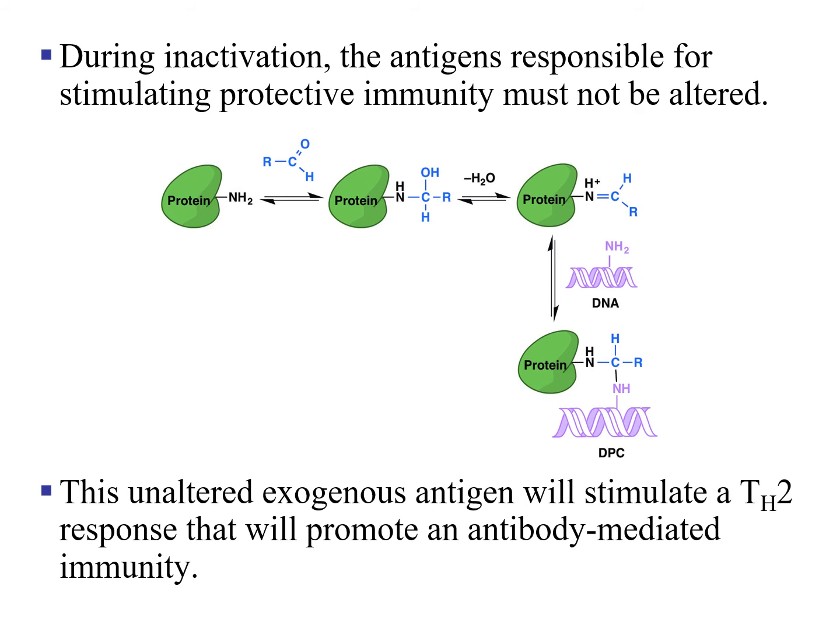So this unaltered exogenous antigen will stimulate the T helper cell that will then promote antibodies to be released from the B cells. So if you somehow alter this exogenous antigen, this protein, then the T helper cell will not be able to help produce the antibodies.